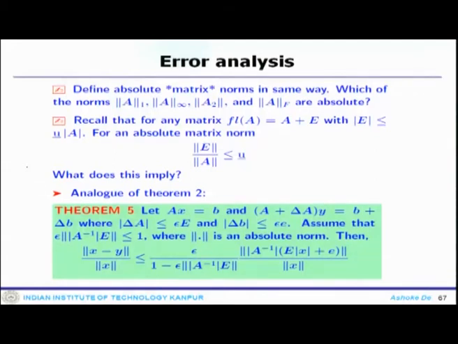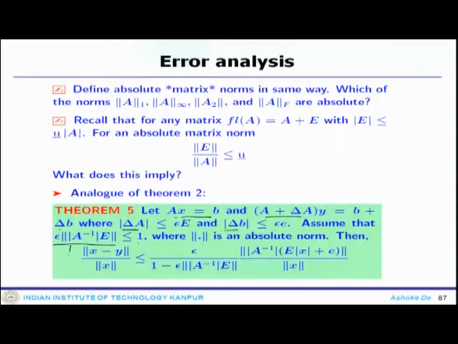Now, there is another theorem, theorem number 5, which is analogous to theorem 2. It states that if you have Ax equals b and (A plus delta A) y equals b plus delta b, where the magnitude of delta A is less than or equal to epsilon E and the magnitude of delta b is less than or equal to epsilon e, assume that epsilon times the magnitude of A inverse times E is less than 1, where the norm is an absolute norm.